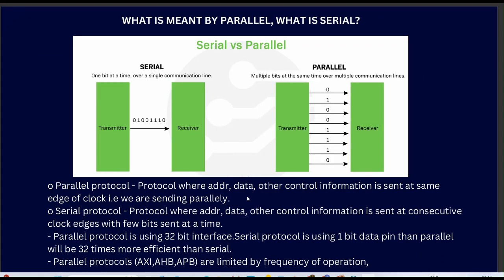So any question on this? If you can elaborate what AXI, AHB, and APB are, maybe afterwards. Okay, I have my notes on AXI, AHB, APB. If anyone wants to understand how they work, you can go through them.